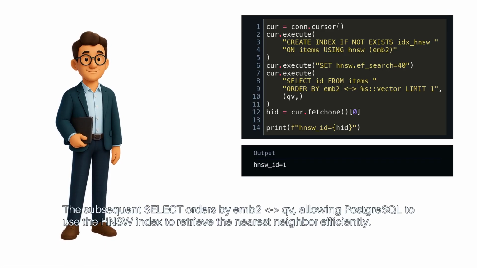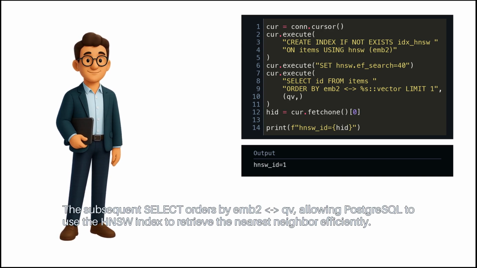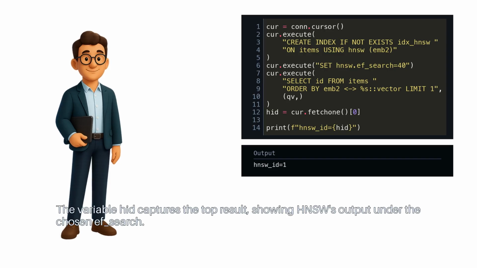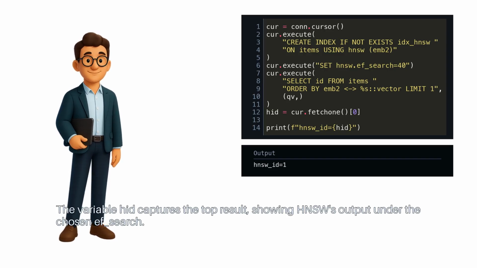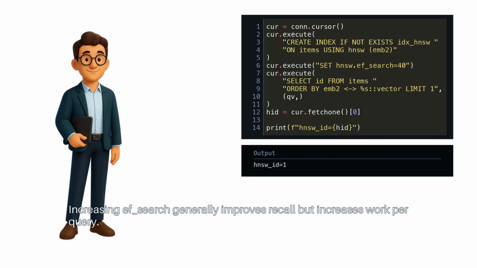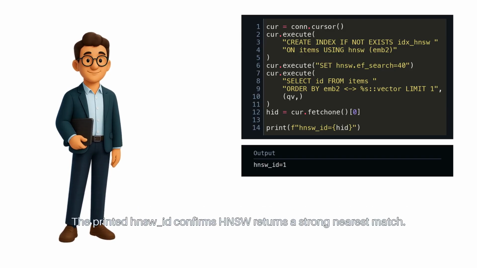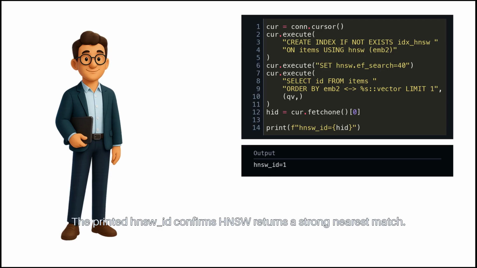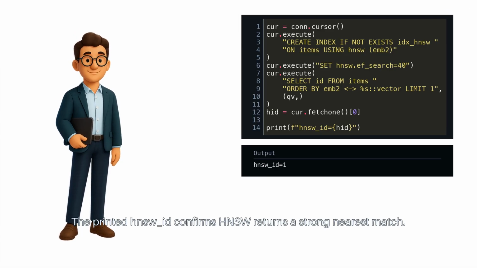The subsequent SELECT orders by m2 <-> qv, allowing PostgreSQL to use the HNSW index to retrieve the nearest neighbor efficiently. The variable hid captures the top result, showing HNSW's output under the chosen ef_search. Increasing ef_search generally improves recall, but increases work per query. The printed HNSW ID confirms HNSW returns a strong nearest match.